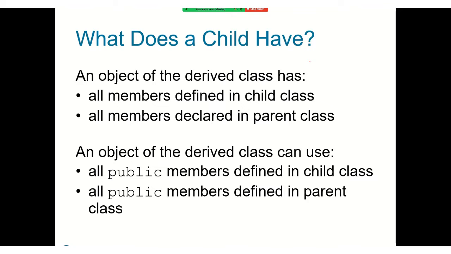So you don't have to define the public members or any member of the parent class inside the child class over again. It will inherit those members. Same thing goes for children. They inherit certain properties, certain attributes from the parents, but then they also have their own attributes as well. So that's the way you can better define it.